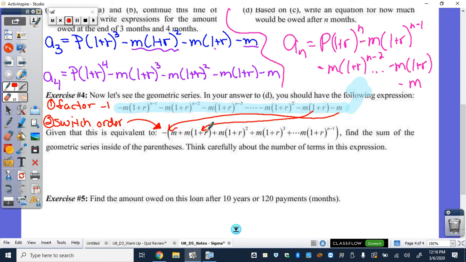So now find the sum of the geometric series inside the parentheses. Think carefully about the number of terms in this expression. So our geometric series formula is that. So if we look at our series inside the parentheses here, starting with m and so on and so forth, my first term is m because that's the way I rearranged it.